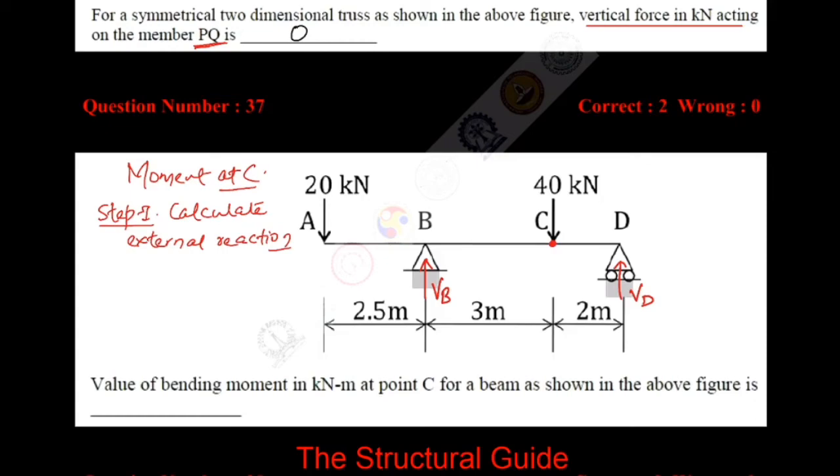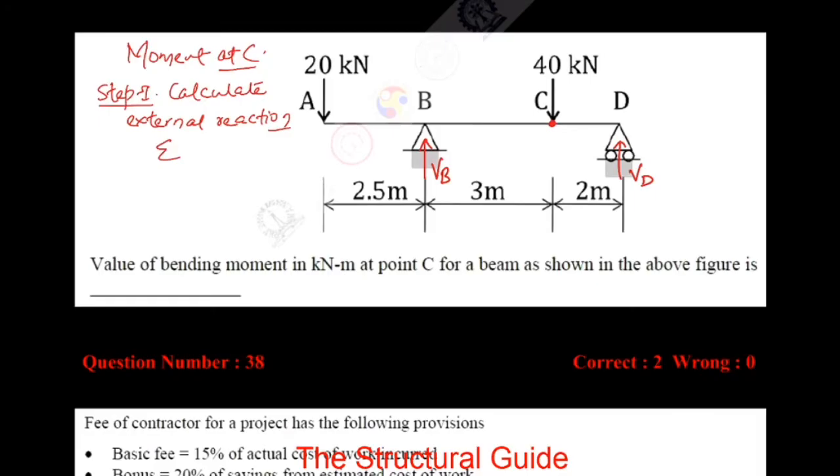For the calculation of external reactions, you have to apply two basic equilibrium equations: summation Fy equals 0, and moment at B or D equals 0, meaning moment at any joint equals 0. Applying summation Fy equals 0, I am equating the total force in the vertical direction, moving from the left side of the beam and taking upward as positive.